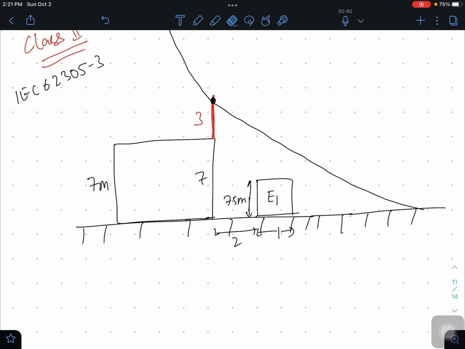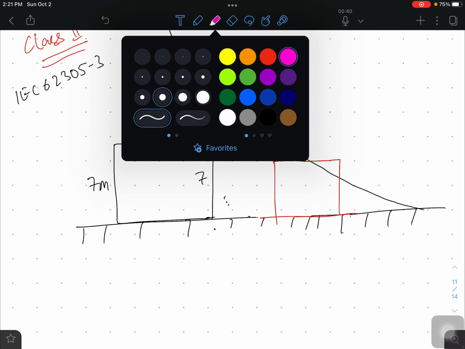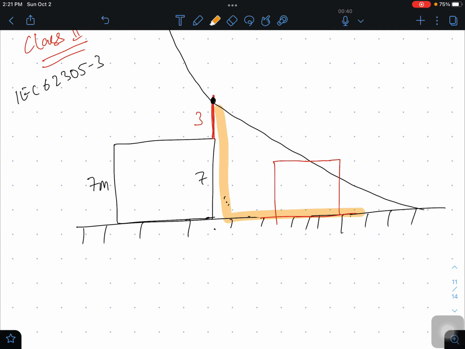Now in this case, we assumed that the height was 7.5 meters, whereas the protection is only provided for 7.09. That means it is going outside the protection zone. So let us suppose the protection zone is this.